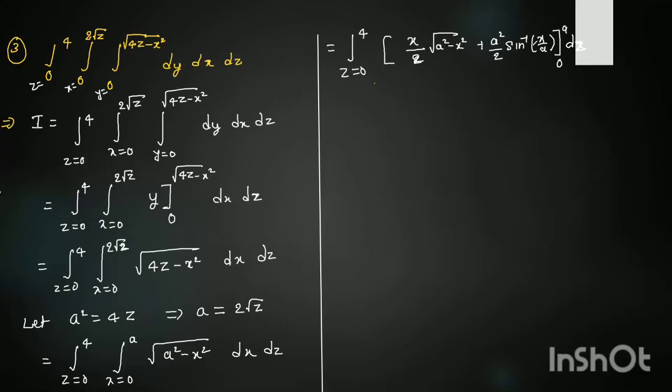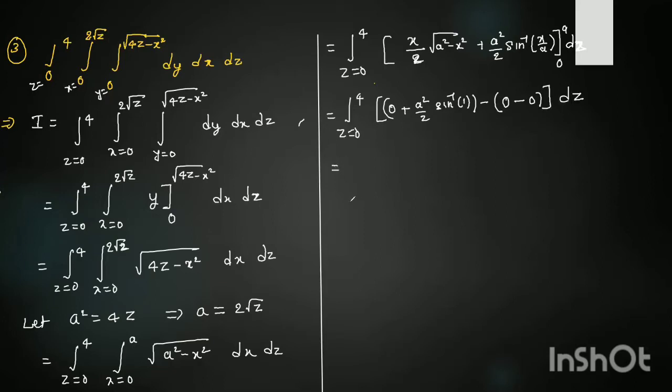And what we'll get here is a square by 2. So the first term is 0 plus a square by 2 times sin inverse of 1. Minus, if we substitute 0 in place of x, it is 0, and 0 into anything is 0.